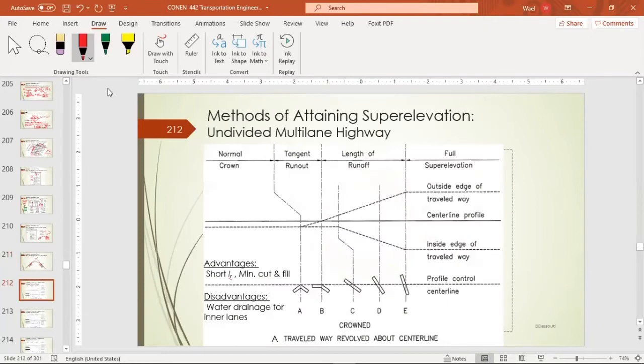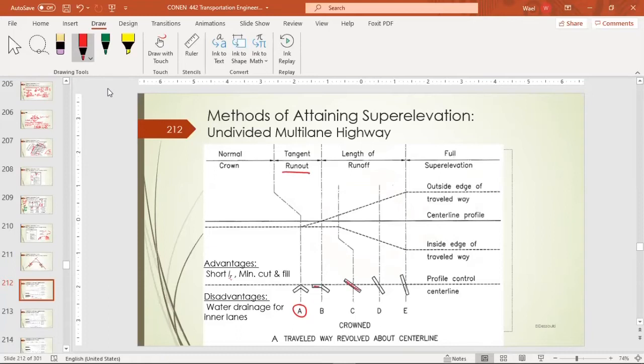Now, the methods for attaining super elevation for an undivided multi-lane highway. As I mentioned before, that's the normal crown, that's section A here. Then we have a tangent run out. Initially, we come to slope 0.